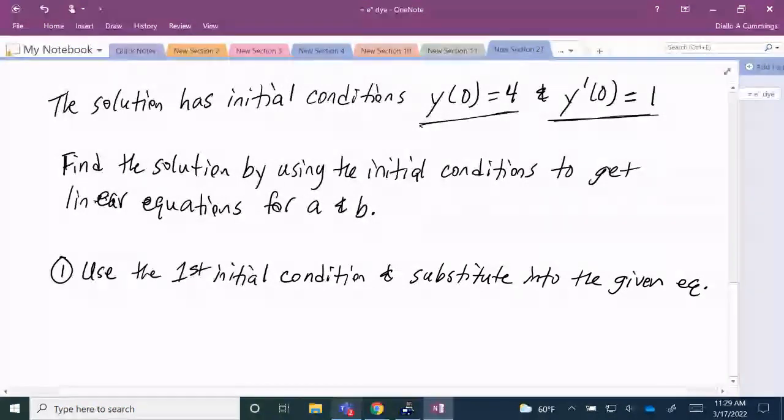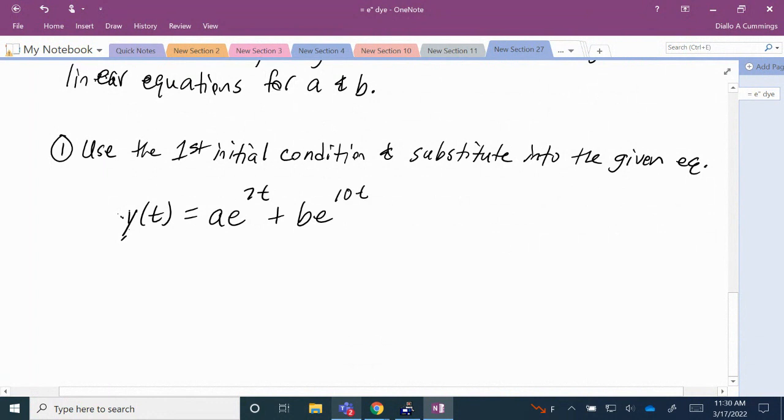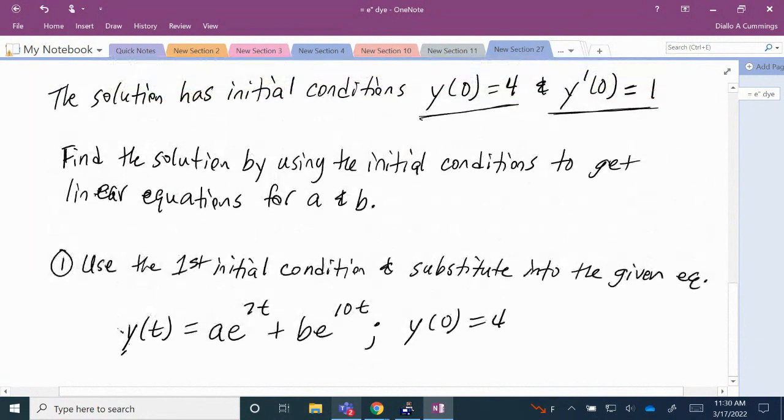Here's what that's going to look like. I'm going to take the given equation, which is y of t is equal to a e to the 7t plus b e to the 10t, and I'm going to substitute y of 0 is equal to 4.